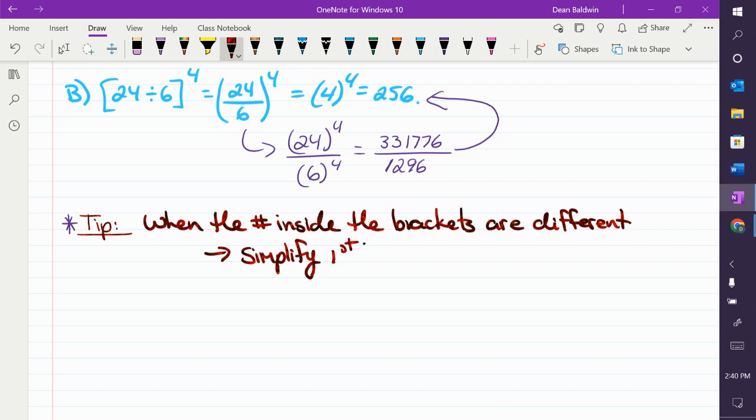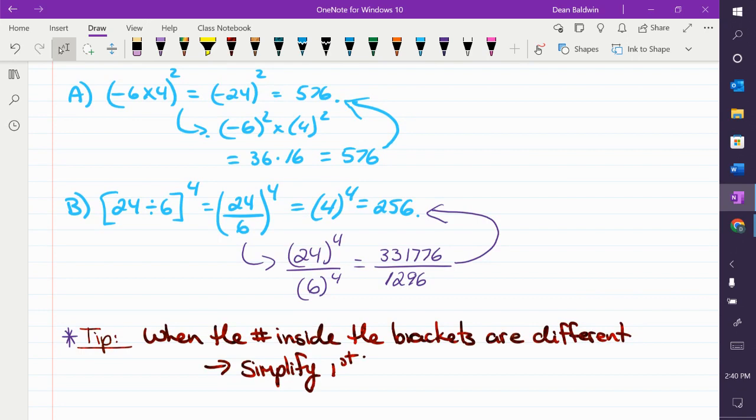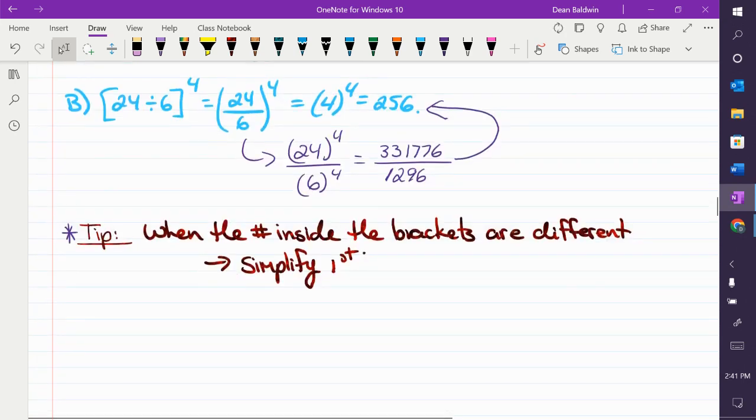So that's what we did up above. 24 and 6 are different numbers, so I simplified inside the brackets before I did the exponent. That's usually the faster way. When the bases are the same inside the brackets, then I would use exponent laws.